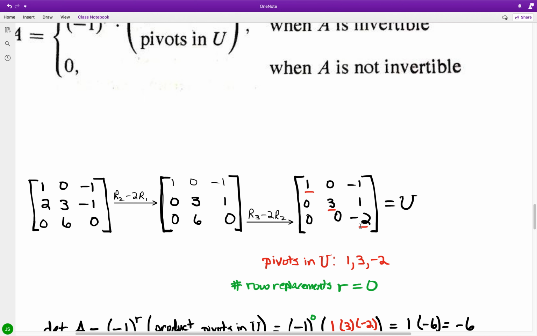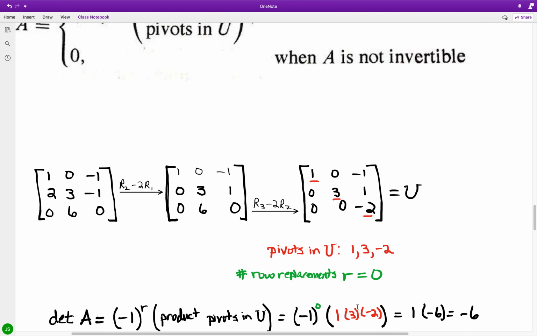So we have a triangulation of zeros and the pivots in U. U represents the echelon form of the original matrix, and the pivots are 1, 3, and -2. We do not apply any row replacements, so the number of row replacements R is equal to 0.